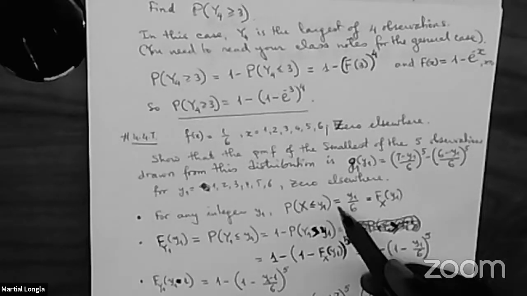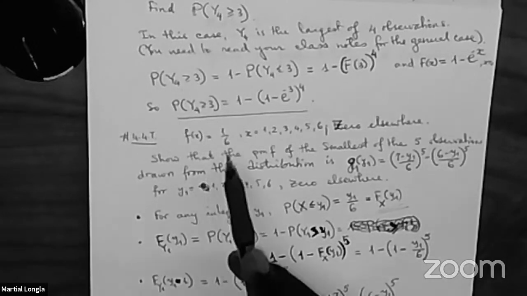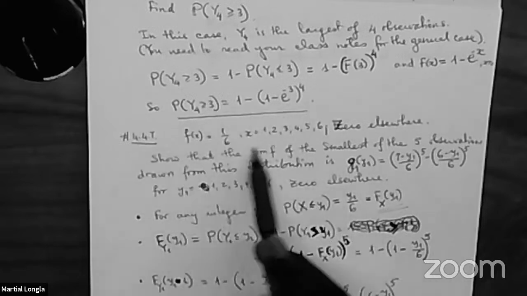If I want the probability that x is less than or equal to y1, it will be the sum of 1's, y1 times, which is y1 divided by 6. It's a discrete distribution. You add all the observations that are less than or equal to y1, and there are y1 of them, and each of them has probability 1/6. So it is y1 over 6. And that's the CDF of the random variable x that has this distribution.